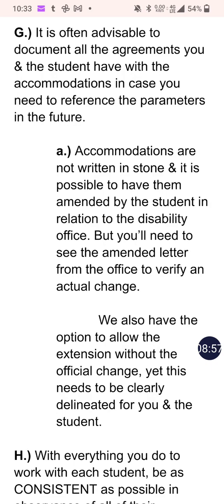If the student in fact needs 3 days, but their letter only specifies 2 days, they need to talk to the accommodations office in order to change this. And you need to see the letter changed in order for you to make that allowance in terms of your policies.